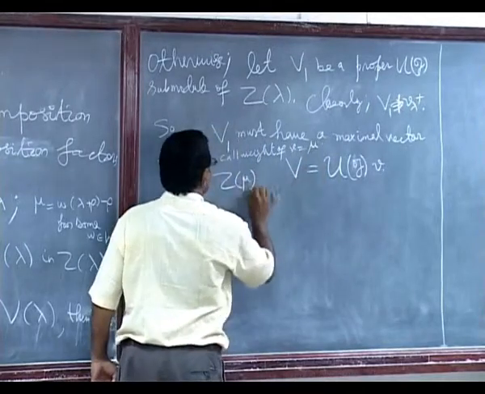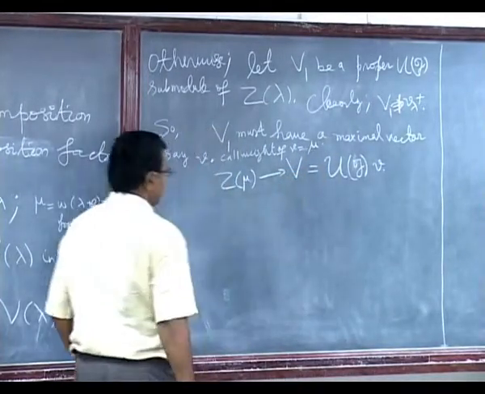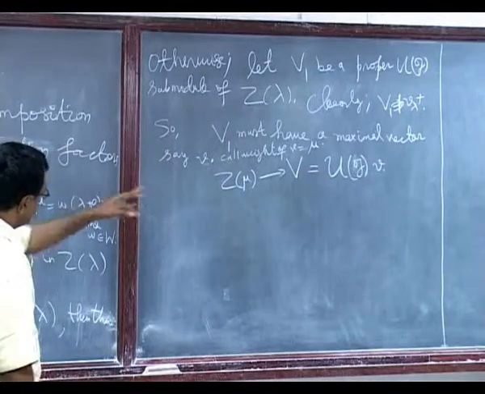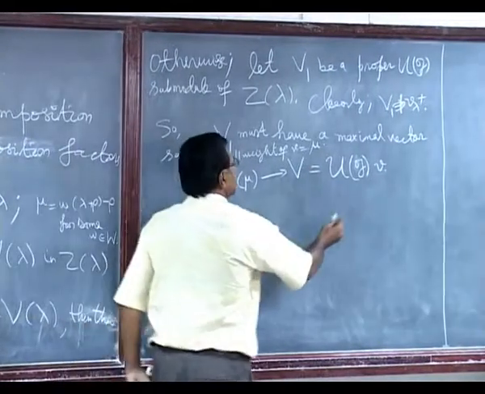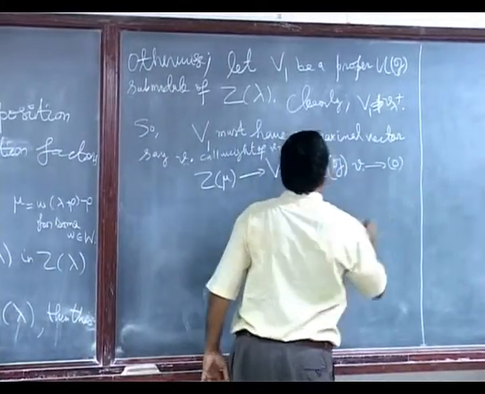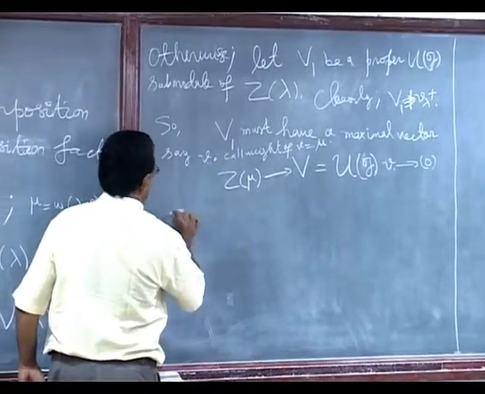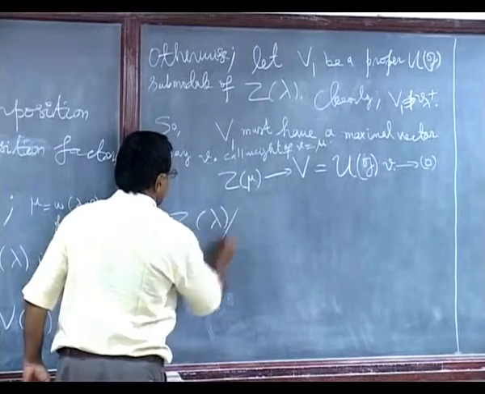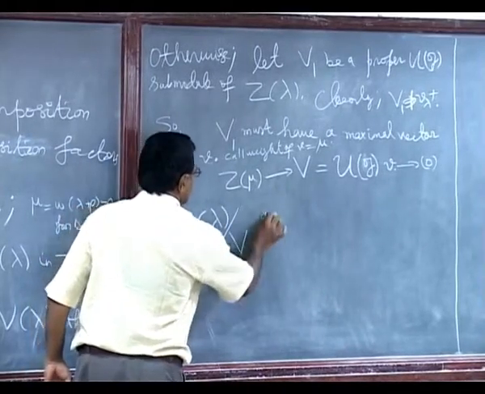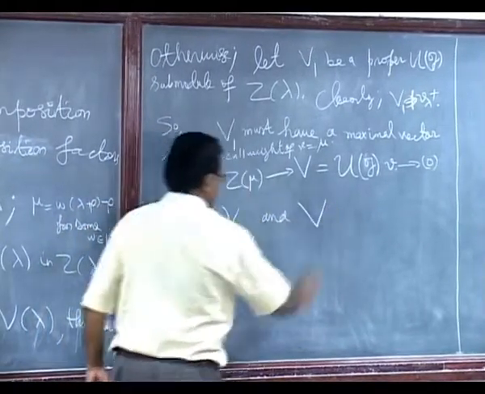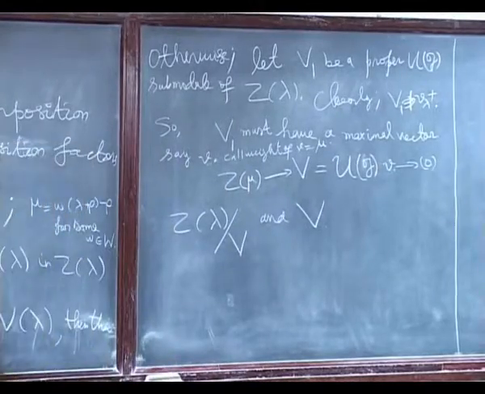Then you have Z(mu). To this, by the universal property of the Verma module, you have this surjective map. So now we have two things, Z(lambda) by this V, and V. So we have two modules.